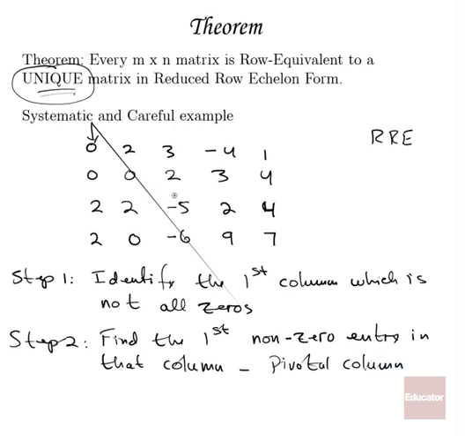And the first entry that you find, which is right there, first column, it's the first entry going down that's non-zero. That's actually called the pivot. So in our first series of steps, 2 is our pivot. Okay.